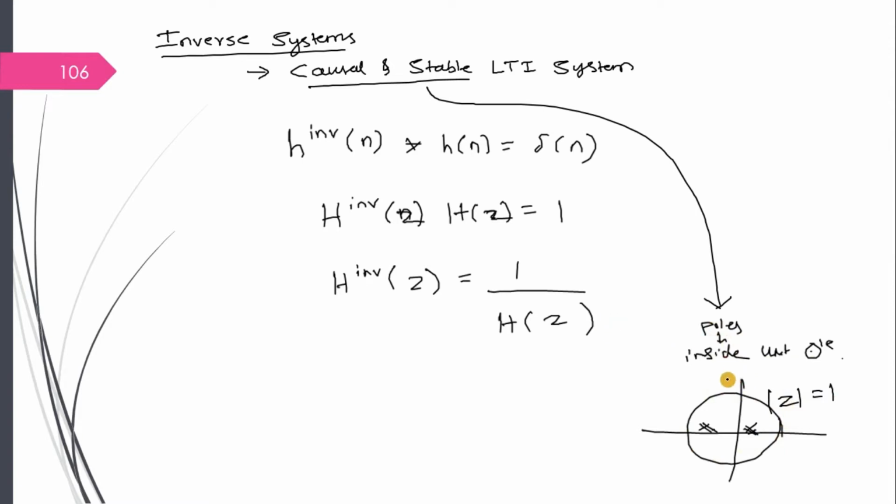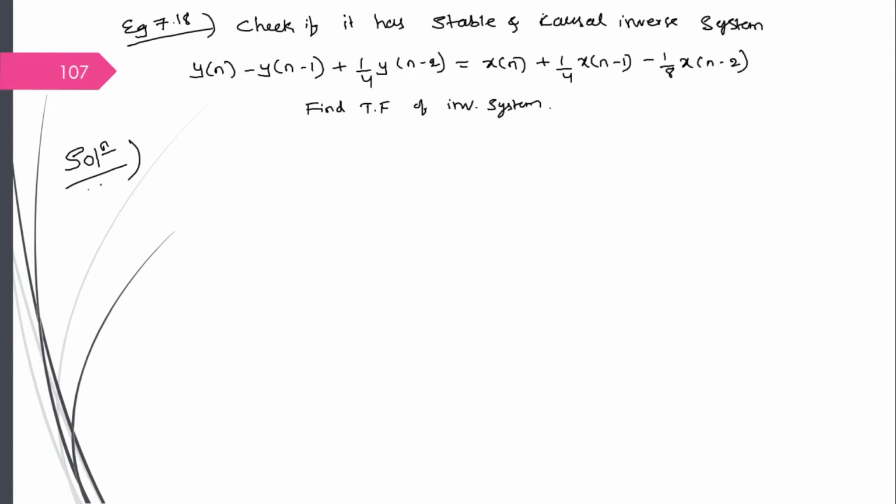To call a system causal as well as stable, all the poles should lie within the unit circle. Then only we can say that. So your work is, you will be asked to find the inverse system. Find the poles, check where the poles lie. If the poles are within the unit circle, come to the conclusion that it is causal and stable, or else it is not causal and stable. That is what we need to do.